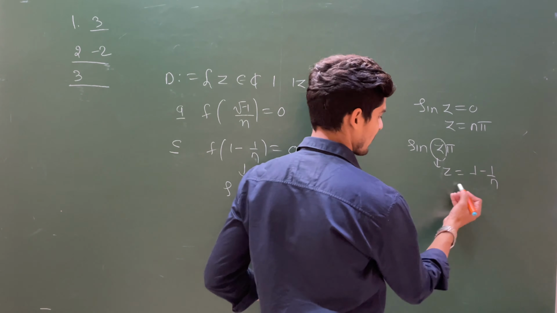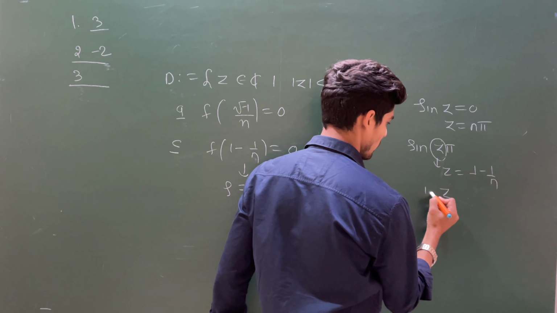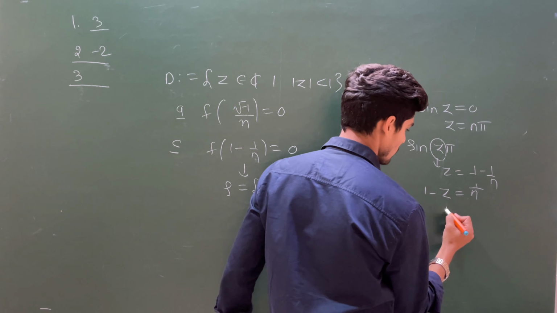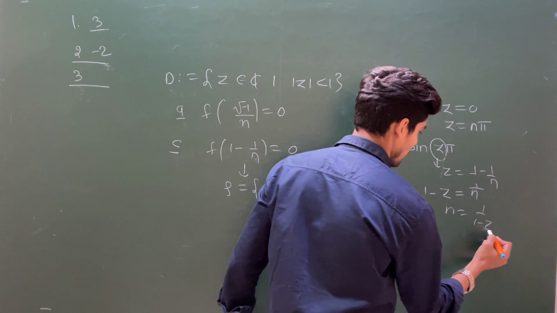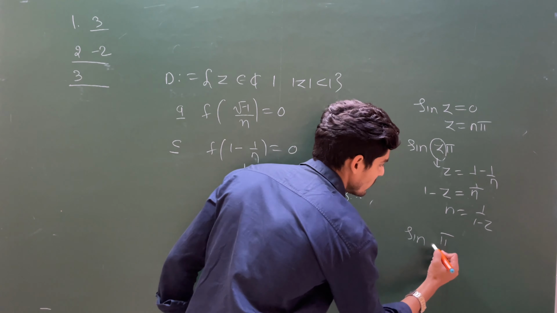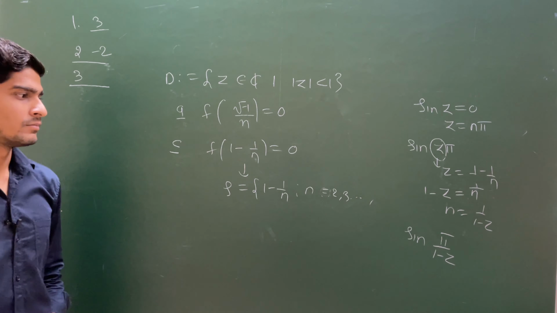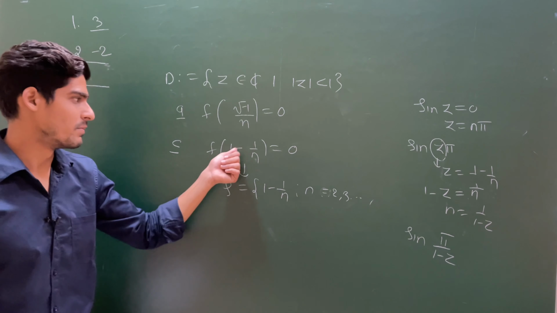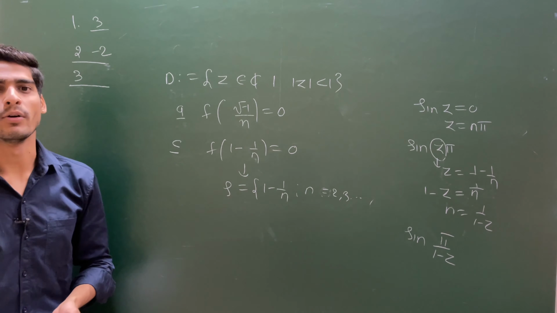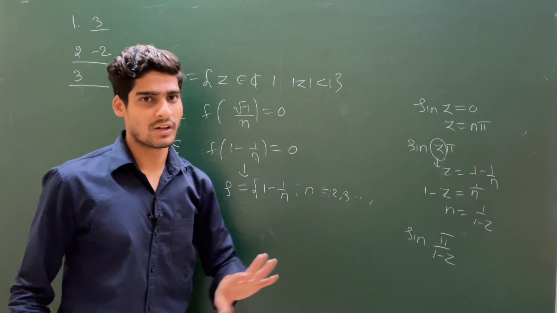So I can extract my n from here. 1 minus z will be 1 by n, so n will be 1 upon 1 minus z. So you can choose your function to be sine pi upon 1 minus z. Because if you choose z to be of the format 1 minus 1 by n, it will take sine of an integral multiple of pi. That is going to be 0. So this function will work very nicely.